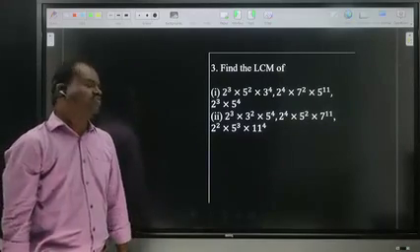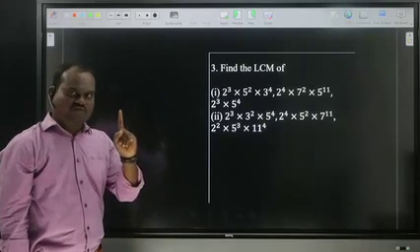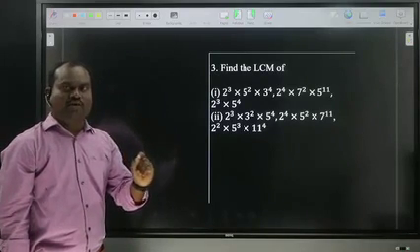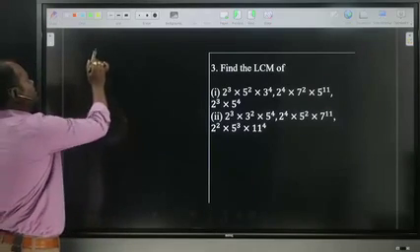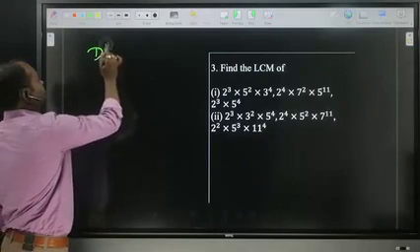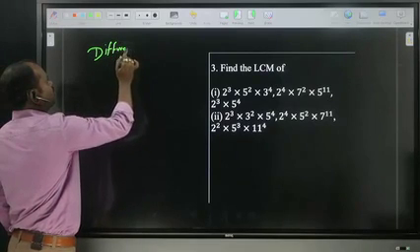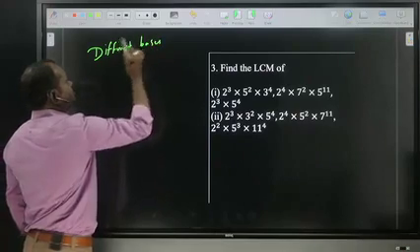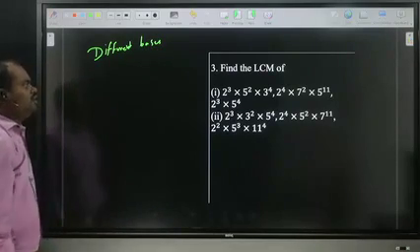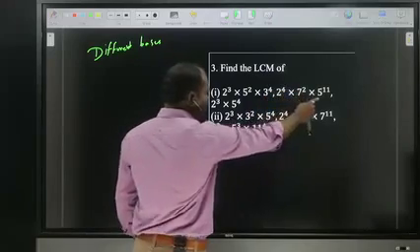Whenever this kind of question is there, your answer has two steps. First step: write down all the different bases. Observe, it is one number, comma, one number, comma, one more number.